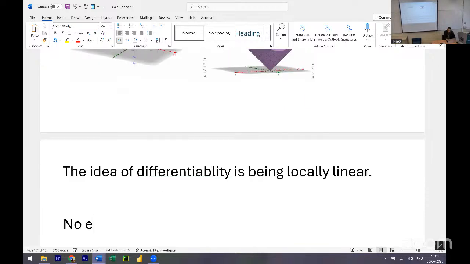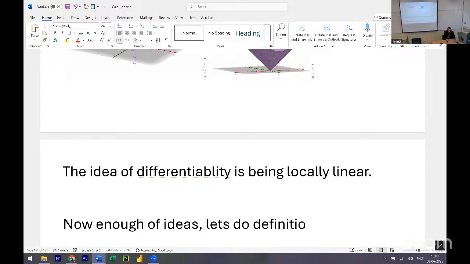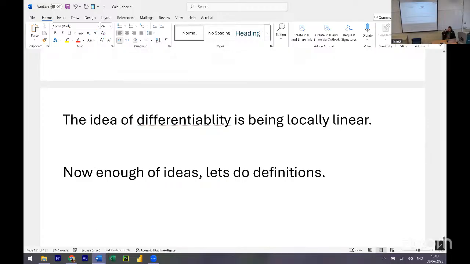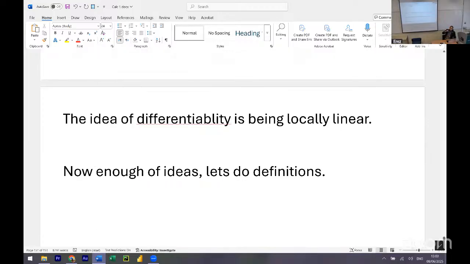Now enough of ideas. Let's do definitions. But the definitions, as you will see, has a lot to do with the idea we wanted to grasp. Definition.